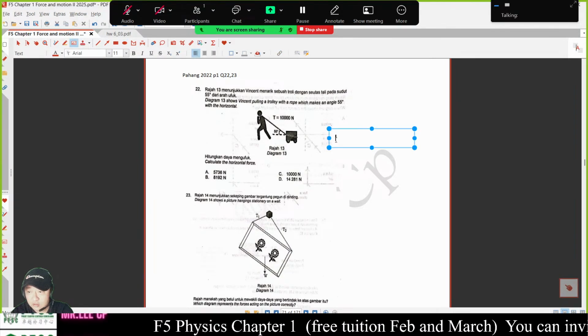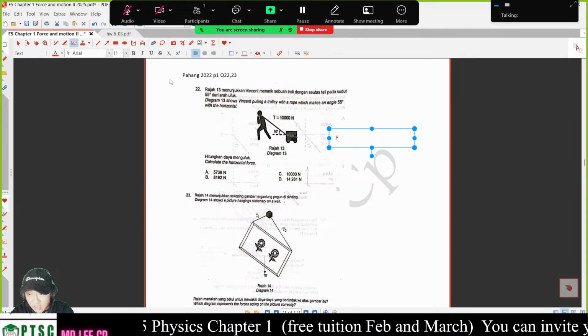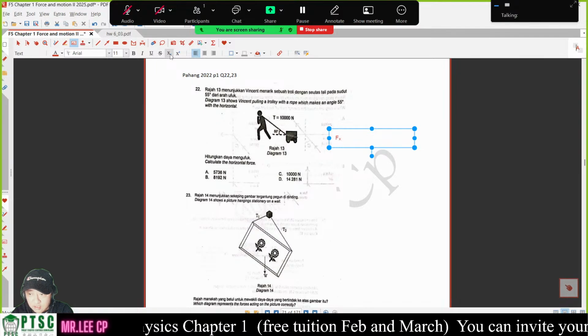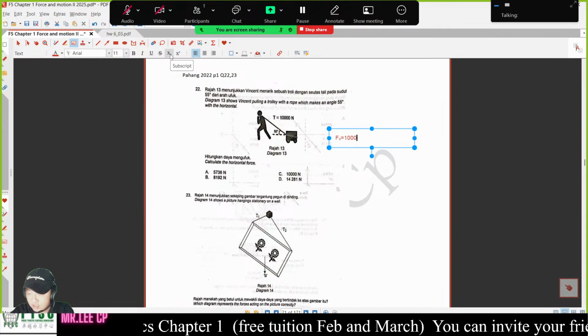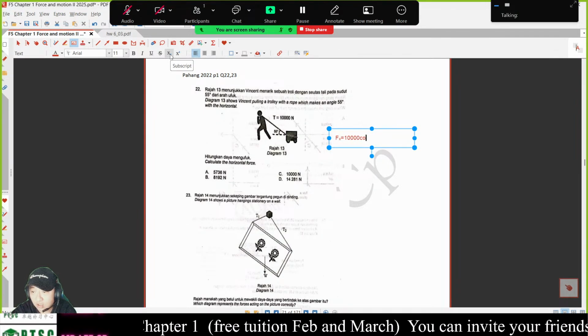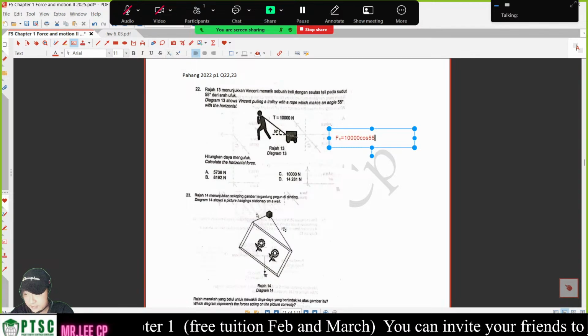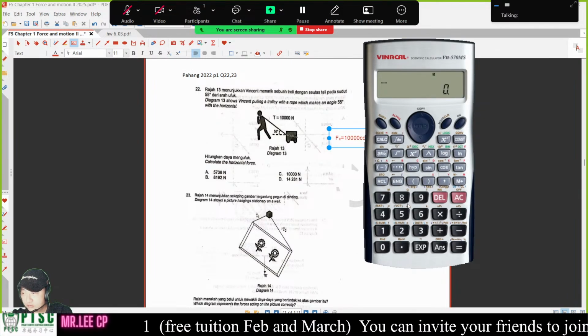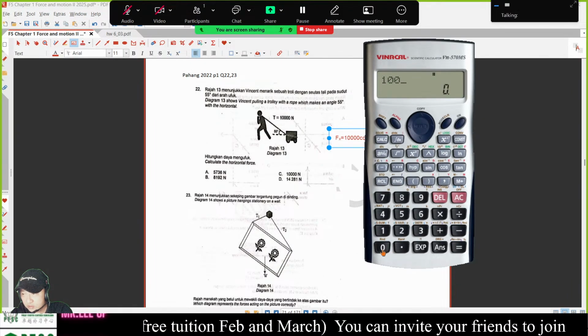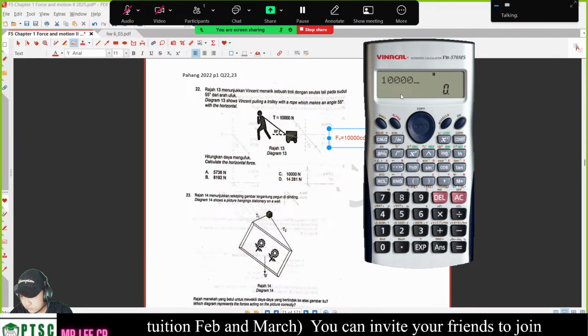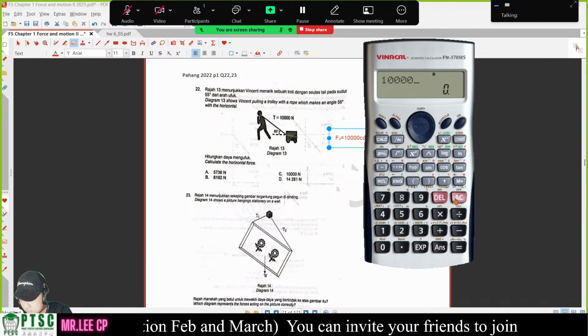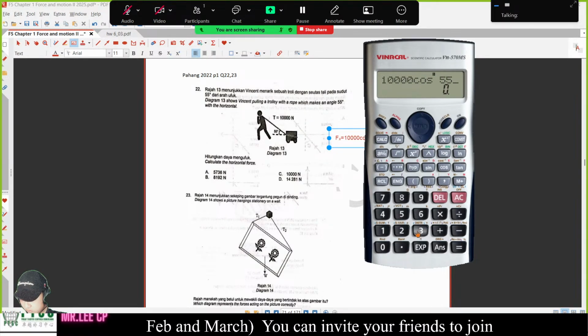So Fx, horizontal is x, is 10,000 cos 55.